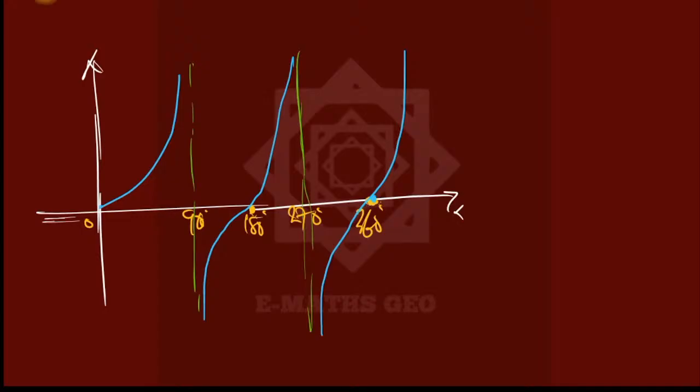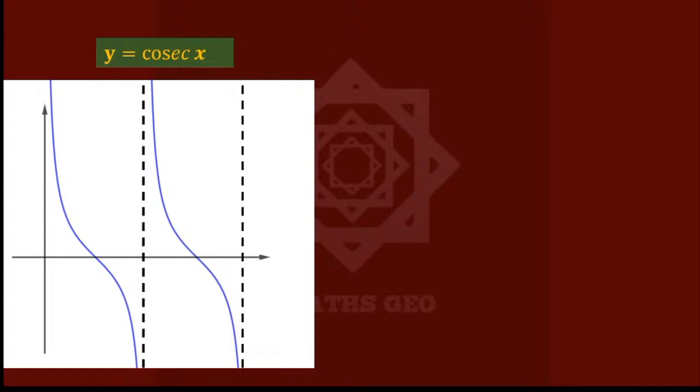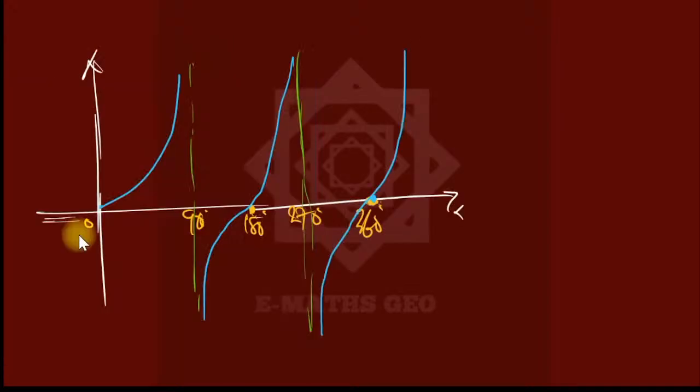Now, the reciprocal, cot. Where is tan 0? Tan is 0 at 0, 180 and 360, so there will be a vertical asymptote for cot there.